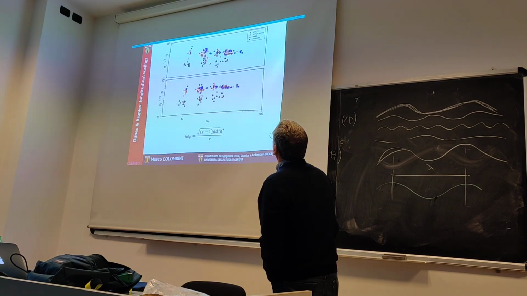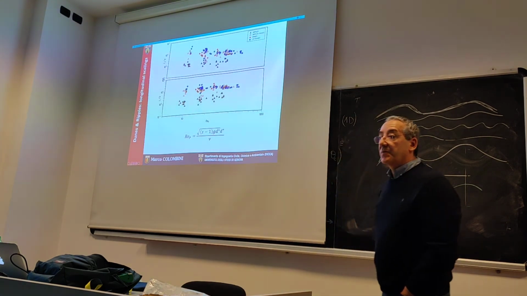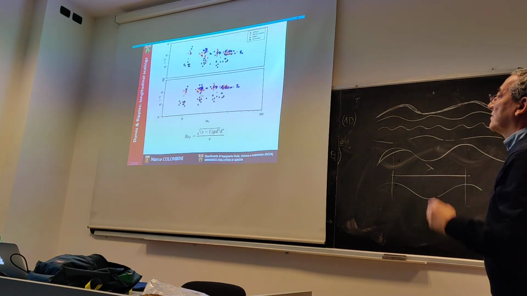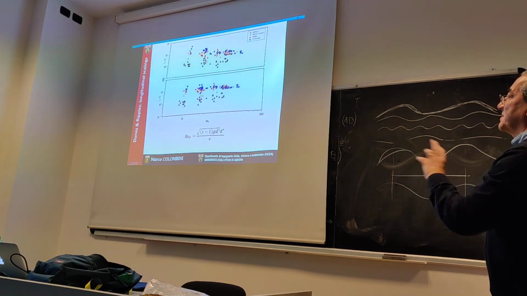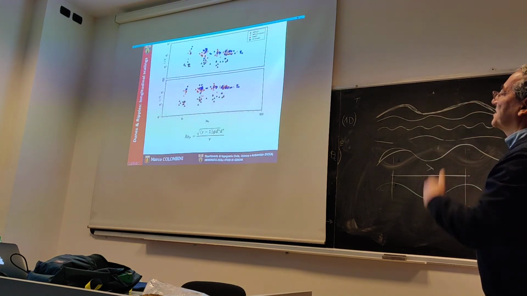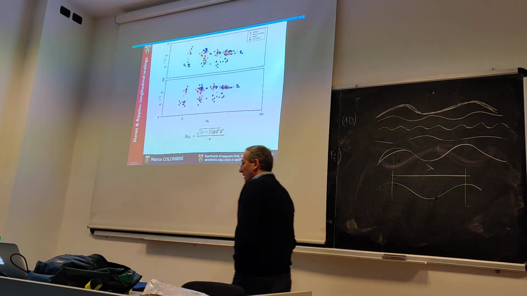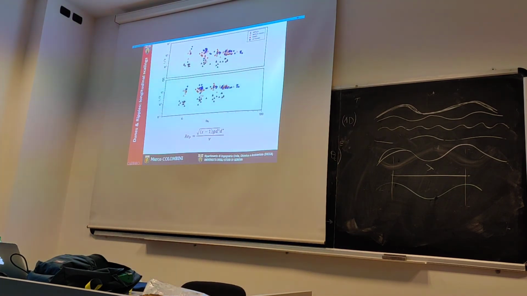Red dots are dunes, and red triangles are something in between ripples and dunes. It's not always so easy, even for the experimenter, to understand if you are looking at one species or the other. And so this graph has this main meaning.